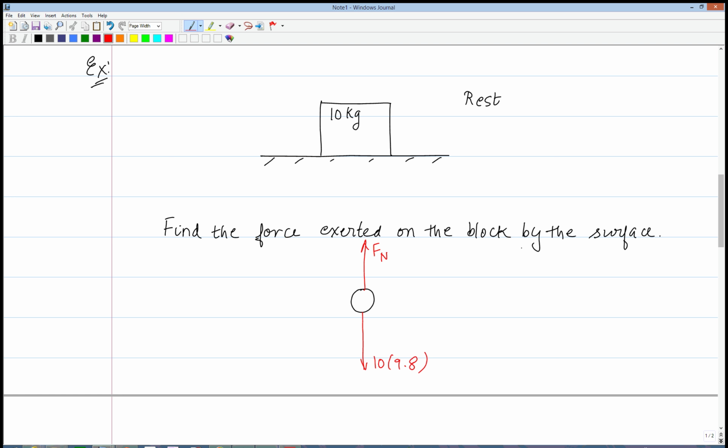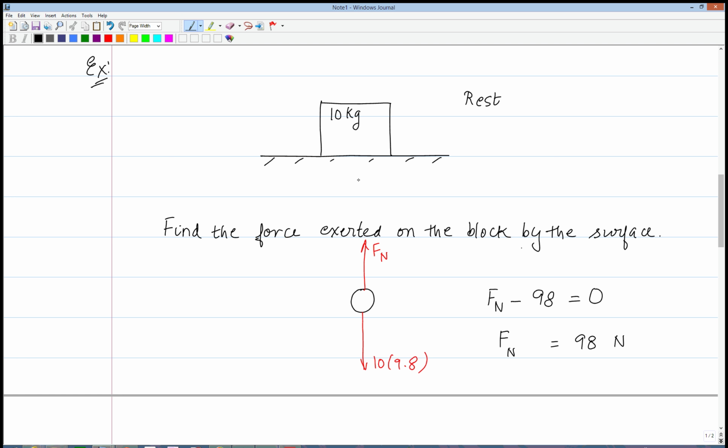Because the object is at rest, right away we know that the acceleration is 0, and therefore the two forces need to cancel each other out. So in this problem, Fn minus 98 is equal to 0, and therefore Fn is equal to 98 newtons.